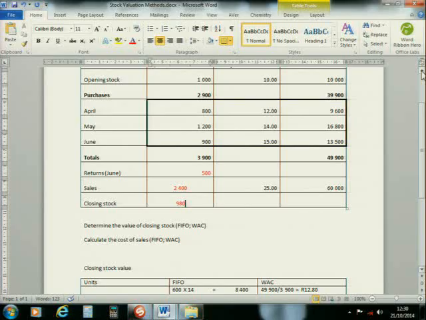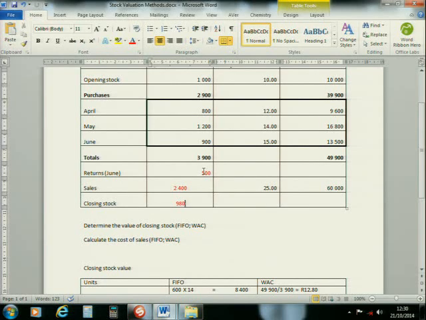Determining the value of closing stock is the same procedure using FIFO, and of course it's the same procedure using weighted average cost method. But you may be required to determine at times. If you look at this, you've got 3,900 units, you've sold 2,400 units, and you've got 980 units remaining.